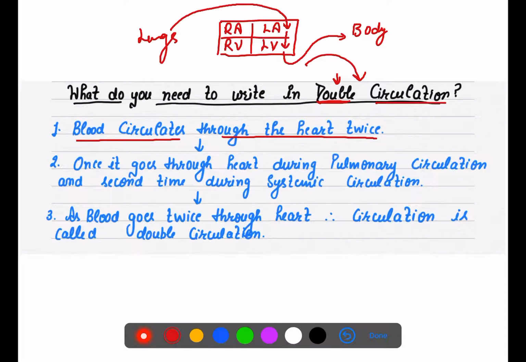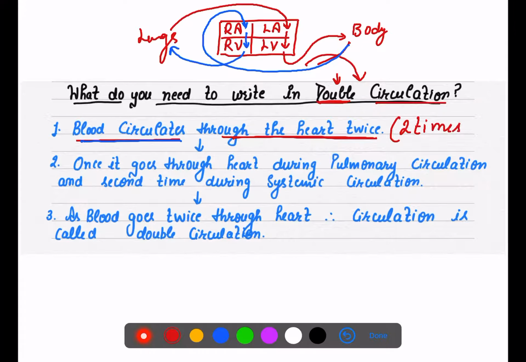From body, that deoxygenated blood is first received by the right atrium, then it goes to the right ventricle, and then it moves back to the lungs.